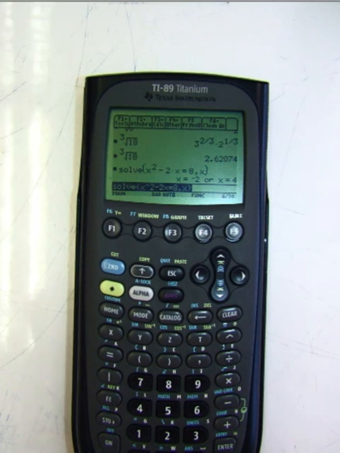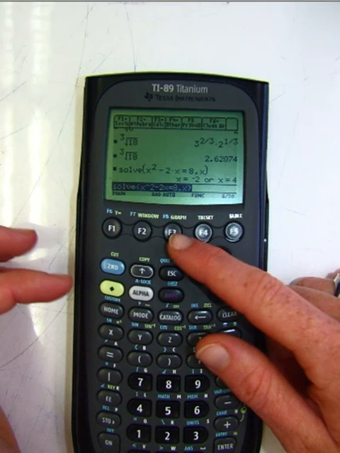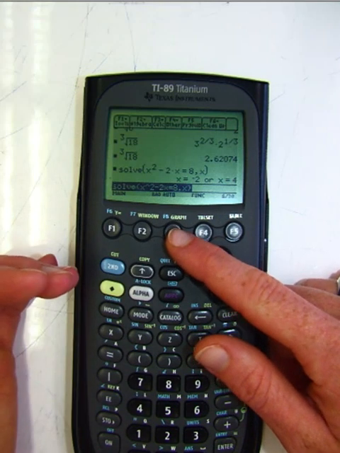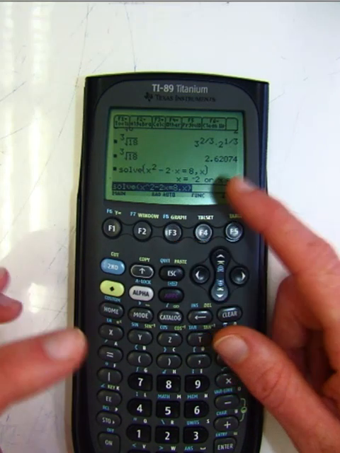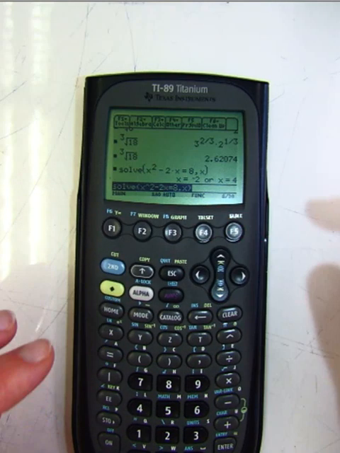So really the better way to solve in that case would be to graph it and find the zero.